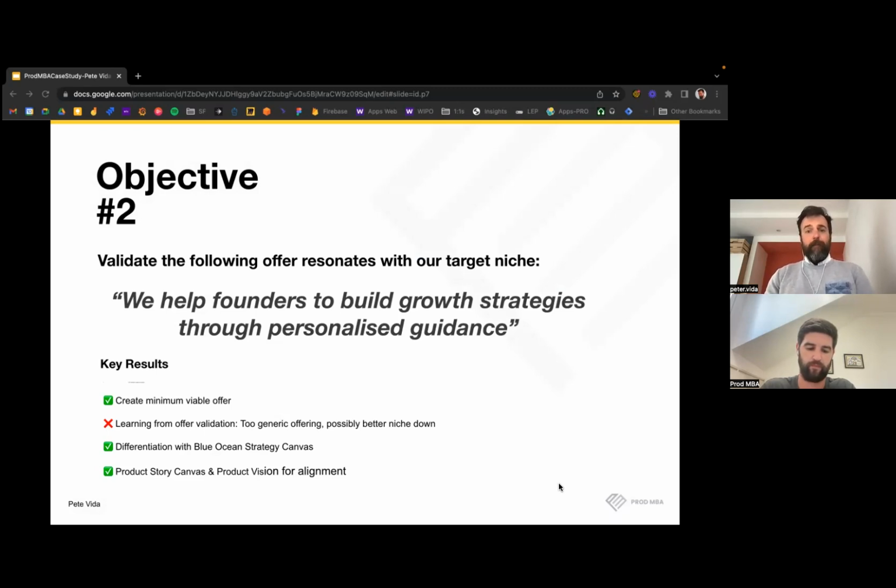And to be honest, from the learning, it is probably still too generic. I'm going to try to improve on this, and I would love to try to niche down so that it's not just founders, but very specific about what type of company founders, for example founders that are creating physical products or physical services instead of digital, who may be lacking this expertise even more than with digital products.